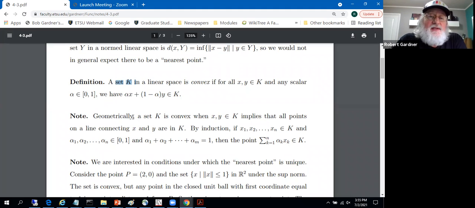Geometrically, K is a convex set when we take any X and Y in K, all the points on a line connecting X and Y are in K.